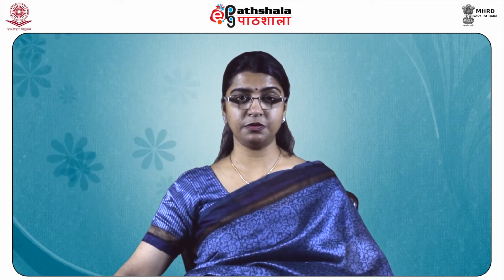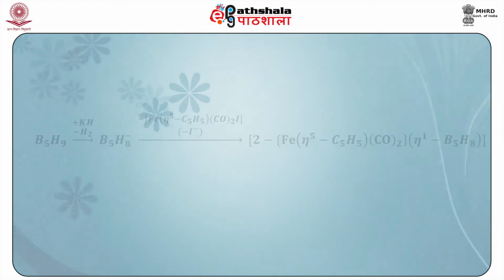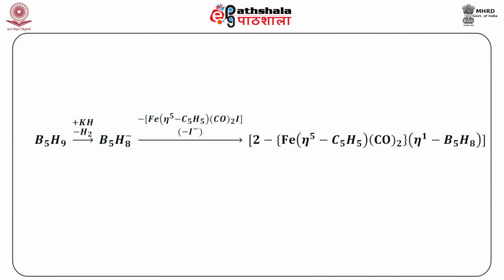In simple metathesis, the borane is deprotonated using a hydride base followed by a reaction with a metal complex to give a metalloborane cluster. For example, in this reaction, B5H9 borane is treated with potassium hydride to give you the corresponding anion after the loss of a proton, that is B5H8 minus.